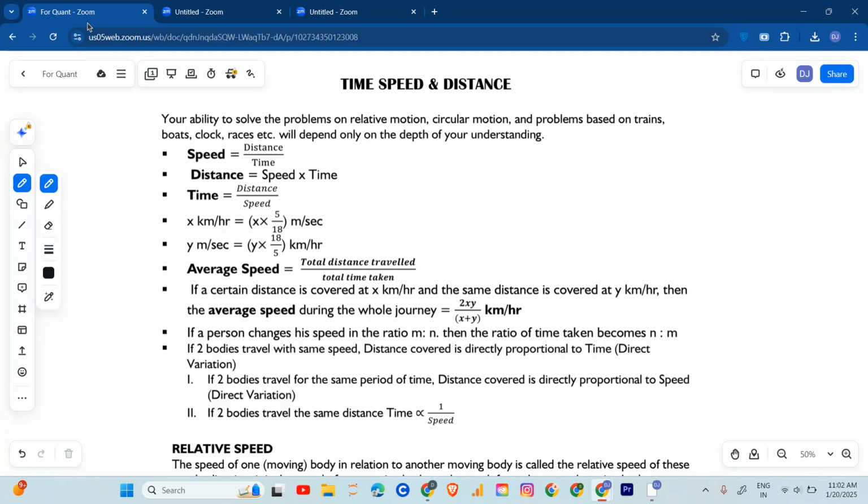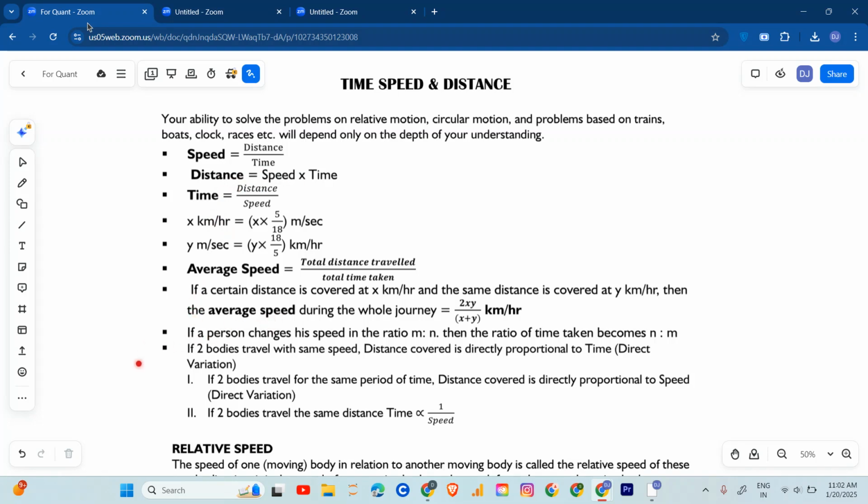Now another point is, if two bodies travel with the same speed, distance covered is directly proportional to the time, direct variation. So this is a very basic thing: if speed is constant, distance is directly proportional to time. There is nothing much to discuss about this.